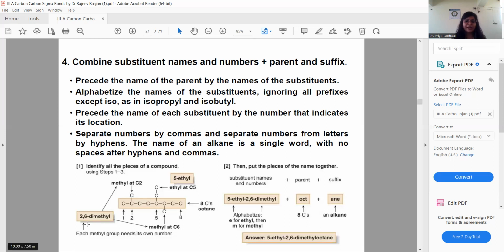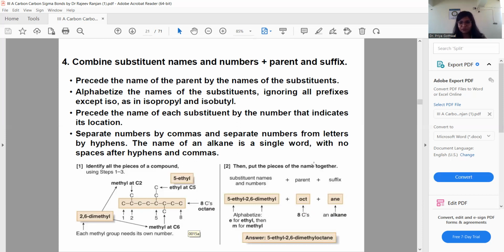So the 2 and 6 positions contain exactly the same substituent group, the methyl group, so we use the prefix di: 2,6-dimethyl. Each methyl group needs its own number.